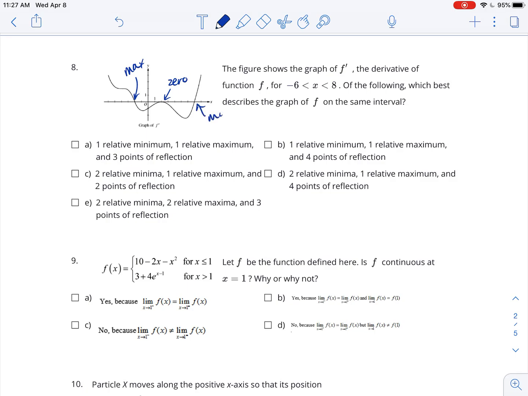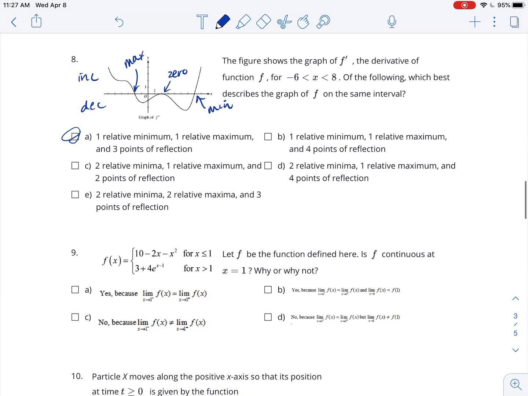It'll have that cubic little flat area in the function, but it's all decreasing in that area. And I'm going to have a minimum over here. I know anything above the x-axis I'm increasing, and anything below means I'm decreasing. And so if I go through my options, I have one relative minimum, one relative max, 3 points of inflection, and that's going to be the answer.